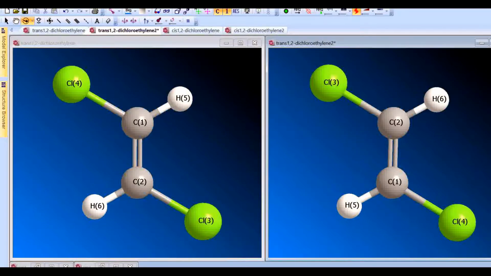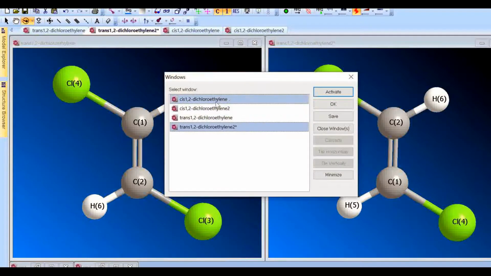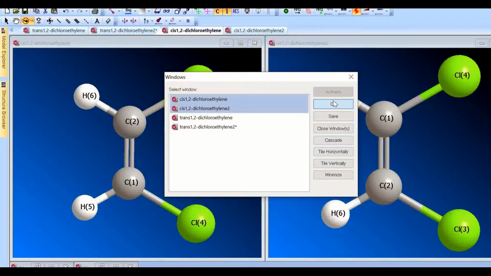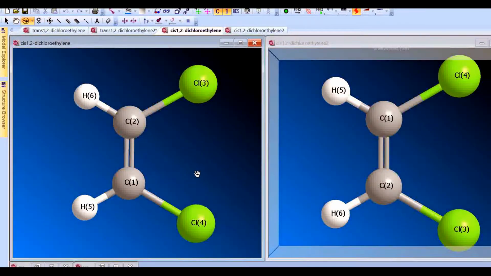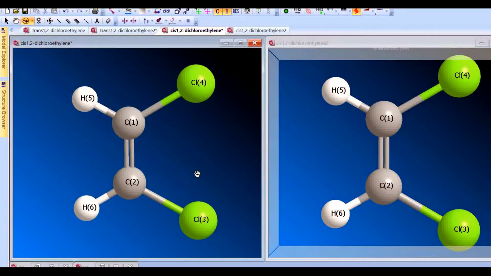Now I will take the cis isomer. For that, again we will have two pictures and we will have it like this. First I have to arrange both the pictures in the same way.